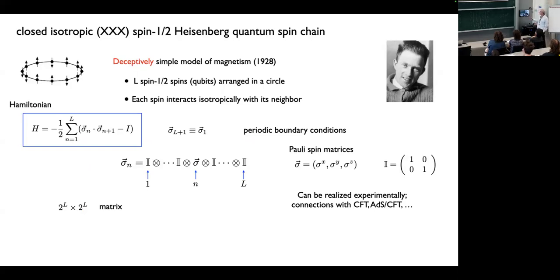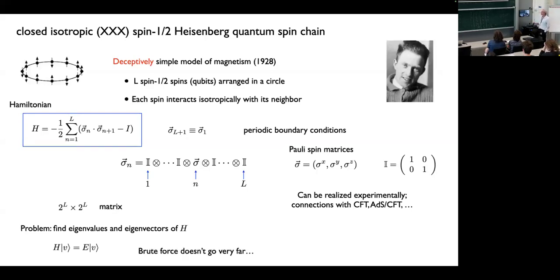It's one of the most fundamental models in theoretical physics. It appears everywhere, has connections with conformal field theory, with AdS/CFT, and it can be realized experimentally. What one can ask, for example, is what are the eigenvalues and eigenvectors of this Hamiltonian? But if you just want to put it on Mathematica, you can't go very far, because these matrices are growing in size exponentially fast.